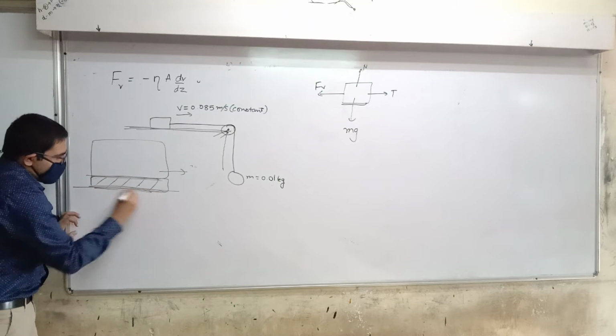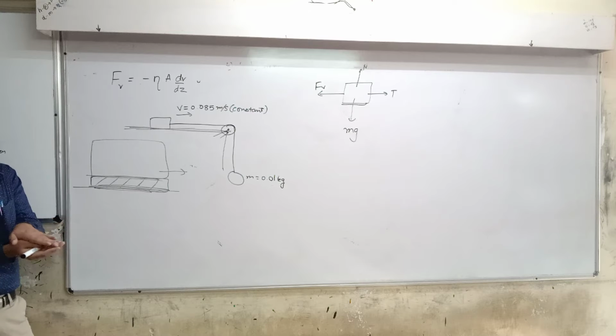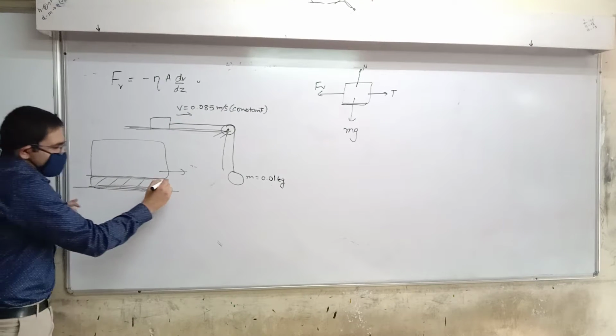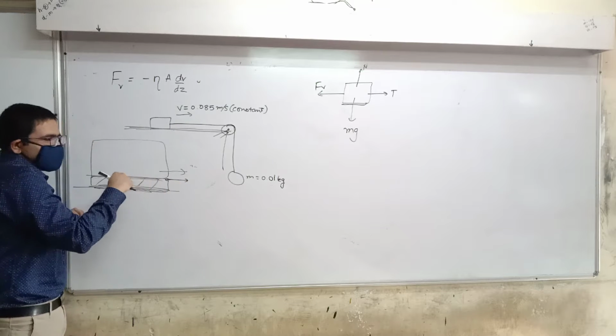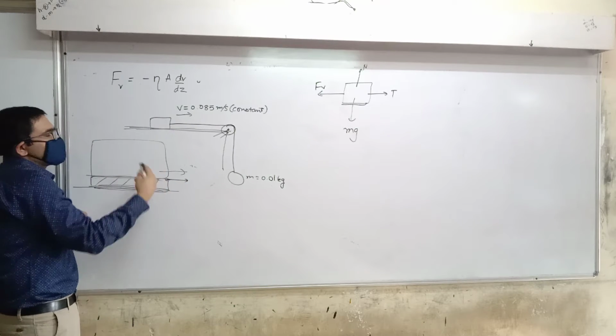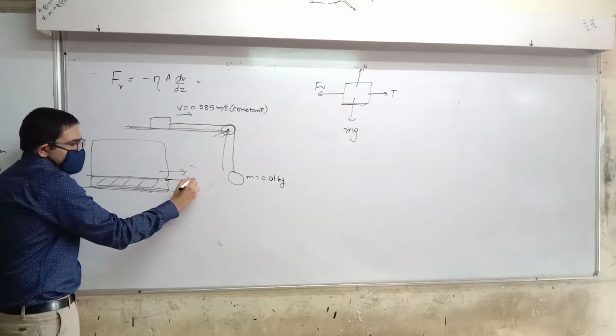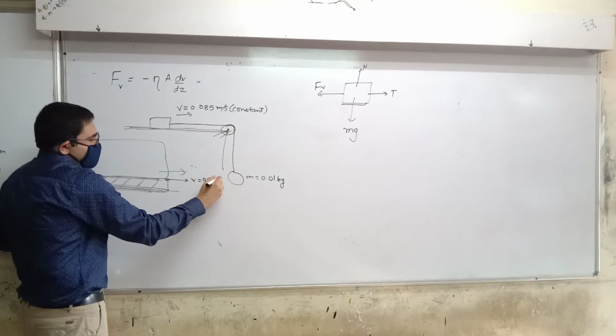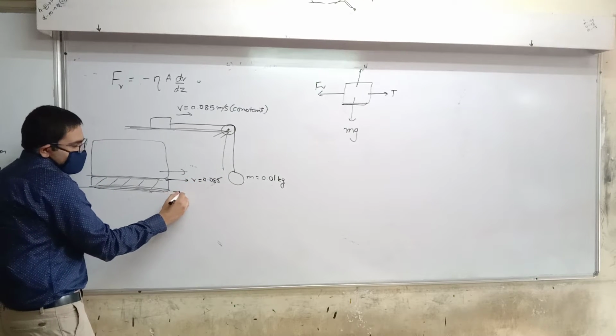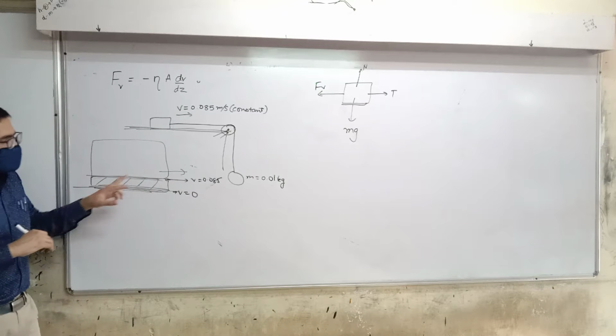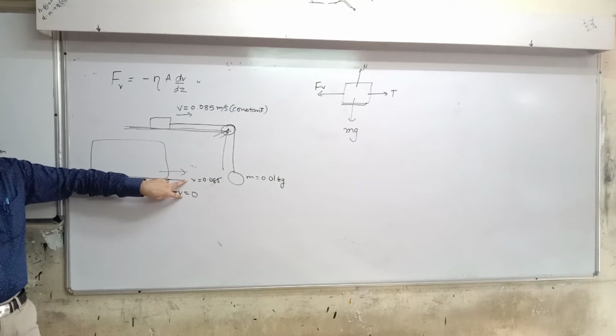But the lower part of the fluid will try to stick to the table. So do you realize that here the liquid has some V which is 0.085, but over here the V is 0. So there is a difference of velocity in two layers. That means there is a velocity gradient. Clear?